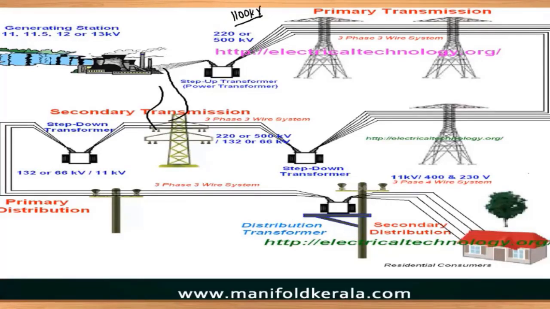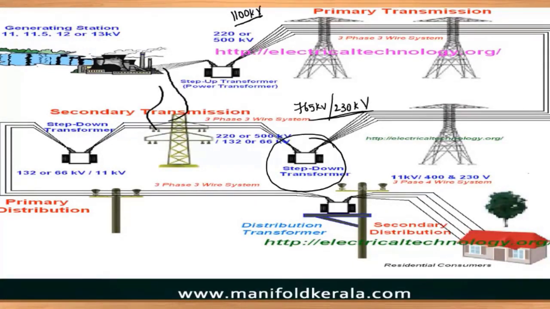So after that, there will be an intermediate substation which will step down the voltage from high voltage to medium voltage. Suppose it is 765 kV and I want to step down to 230 kV.